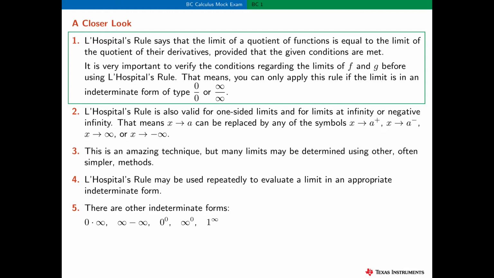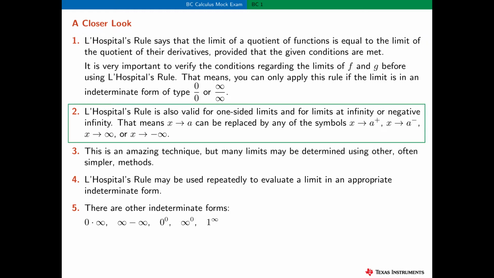You cannot arbitrarily apply this rule to any limit of a quotient. L'Hopital's Rule is also valid for one-sided limits and for limits at infinity or negative infinity, again, provided that the conditions are met, that the limit is in one of those indeterminate forms.